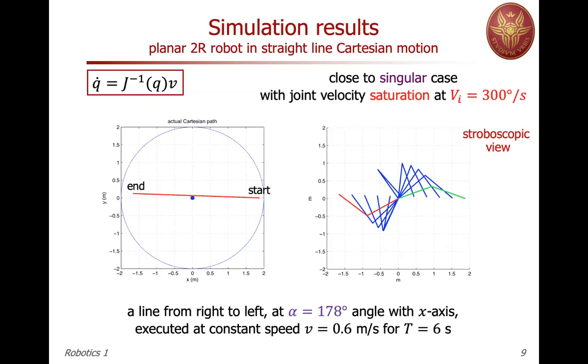Okay? So this is the execution, same angle, 178, so getting closer to the singularity. From the stroboscopic view, you don't see any changes, in fact, because it's not accurate enough to describe what's going on, but nothing happens at this level.